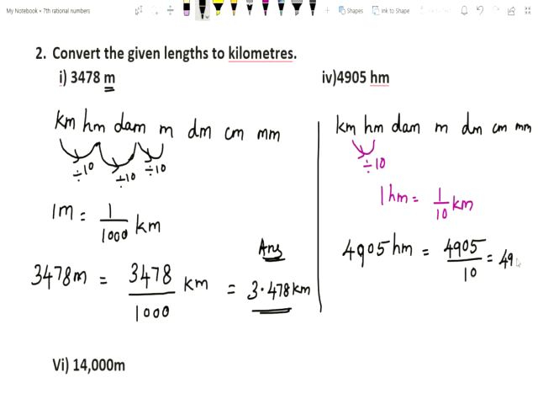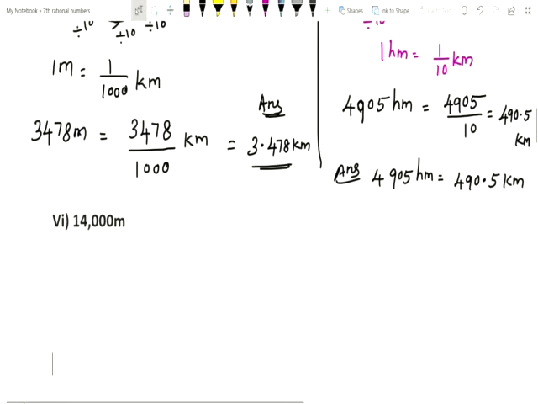So 490.5 kilometer, because hectometer we converted into kilometer. Okay, children, so what is the answer? 4,905 hectometer equal to 490.5 kilometer. Do you understand, children? See the next one.